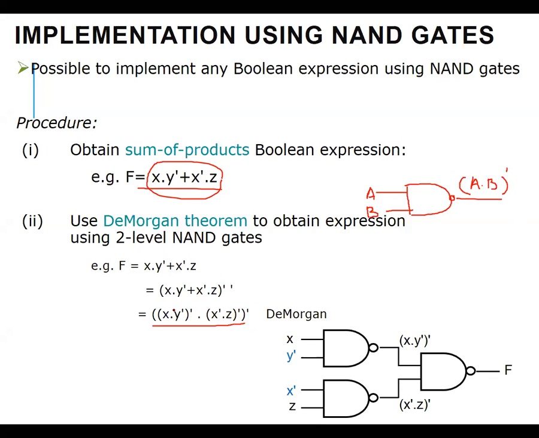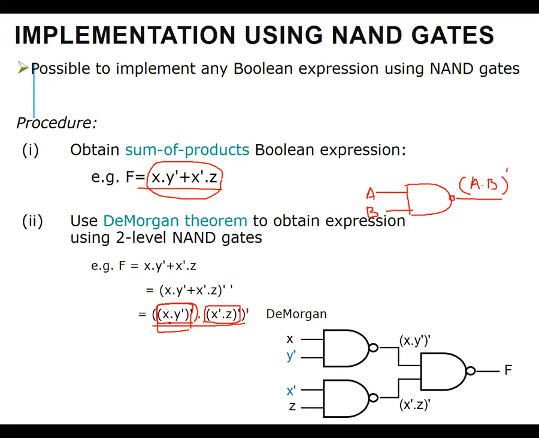and then you end up with something like this. If you consider this equation, what is A, what is B? A is this. Okay, B is this. Okay, the complement mark is here. So again, you have to see whether you can represent these two terms using NAND gates only.